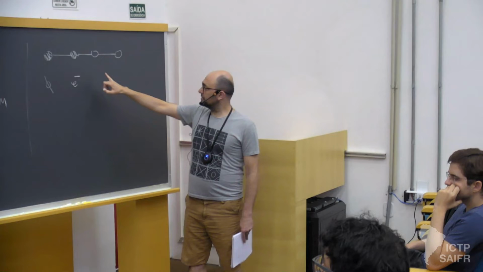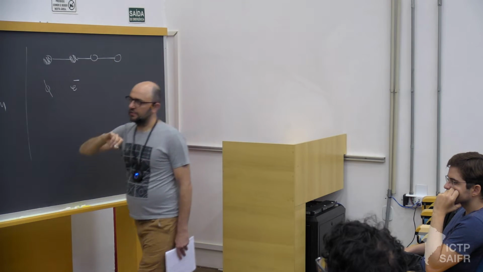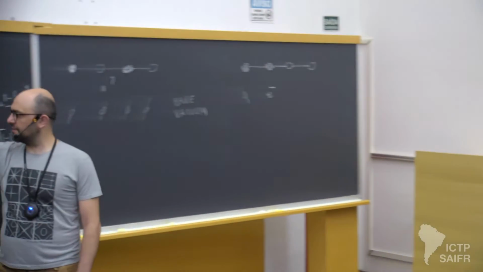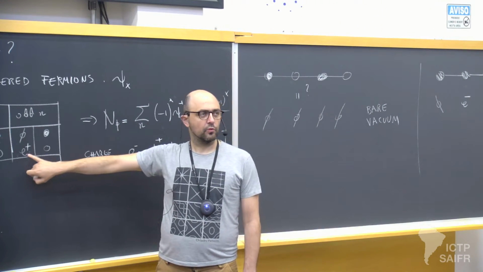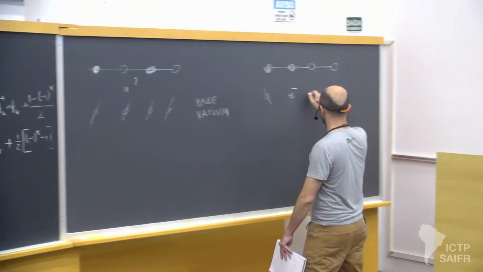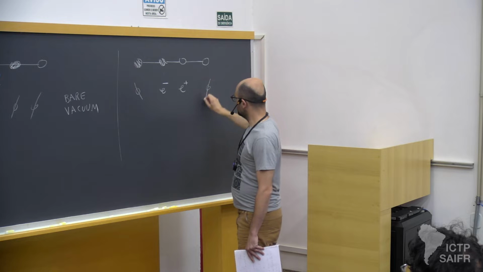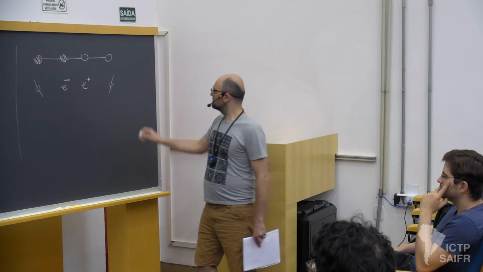And then on the third site, which is odd, there is nothing. This corresponds to a positron. Okay? And here, this is also empty. So that will be the equivalent of an electron-positron pair. Okay?